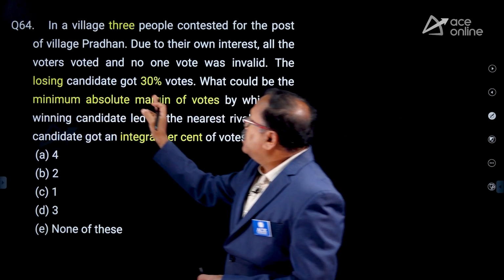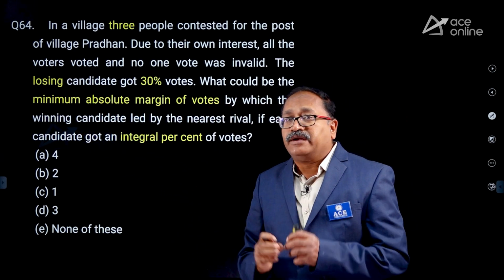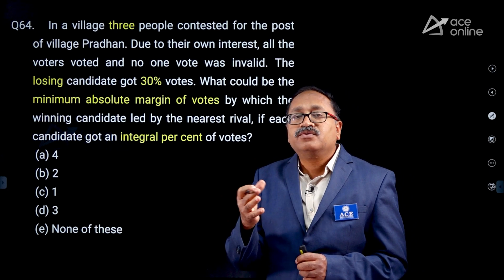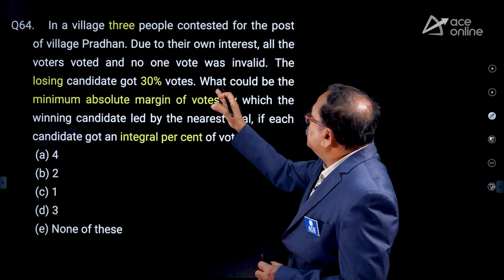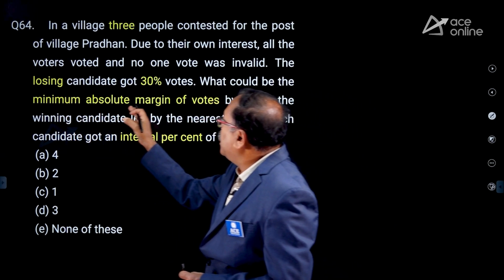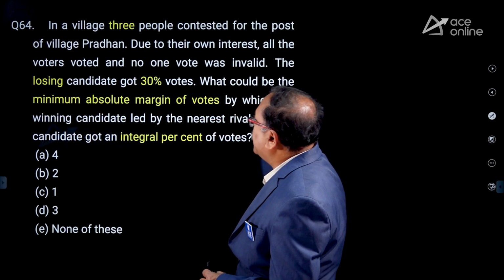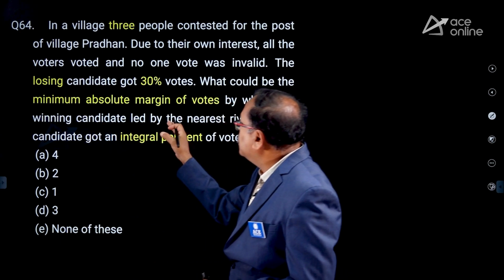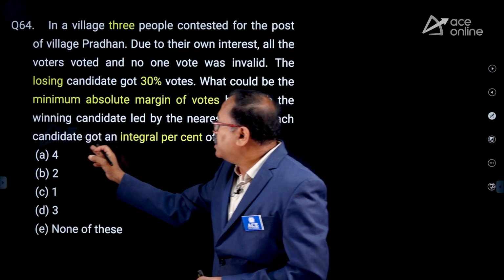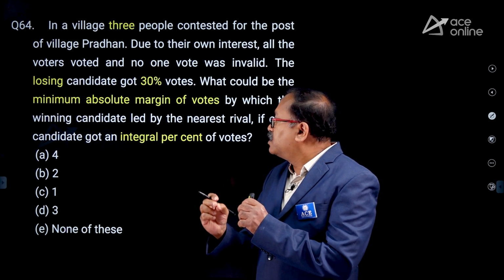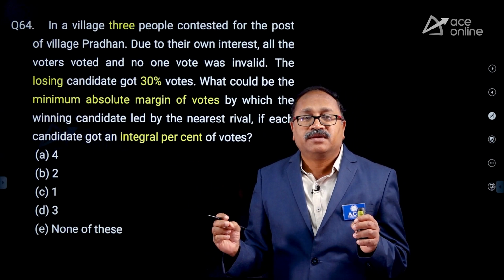The losing candidate got 30%. Losing candidate. That means other two shared the remaining percentage, which is 70. Next, what could be the minimum absolute margin of votes by which the winning candidate led by the nearest rival if each candidate got an integral percentage?